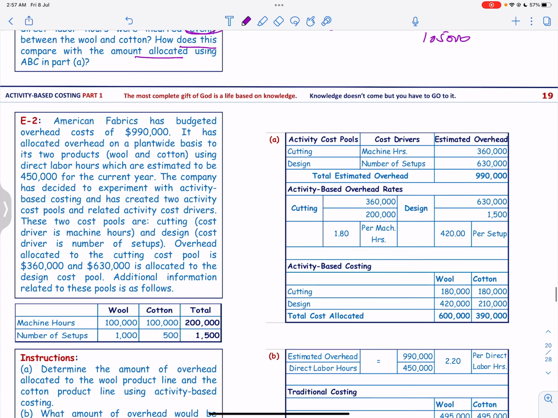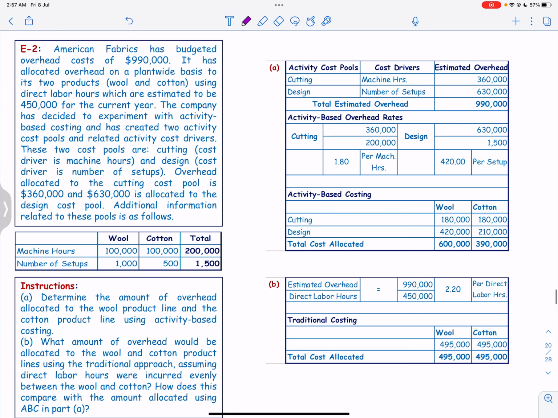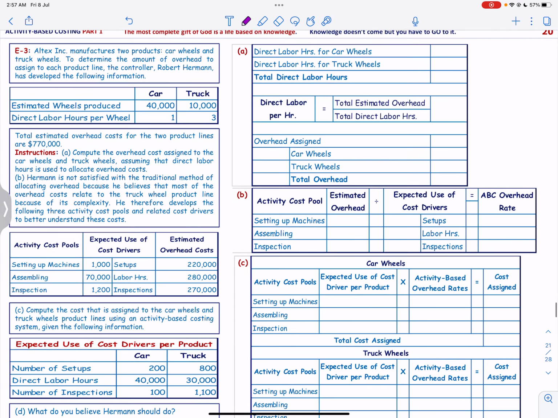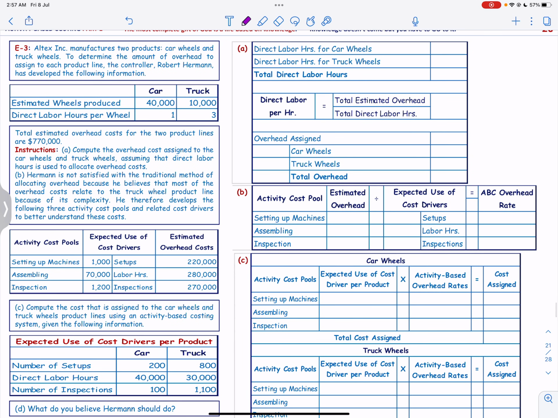Let us look into the same, which has been put in an Excel sheet for your convenience, and we move on to the next exercise. Here we have Altech Incorporation, which manufactures two products, car wheels and truck wheels. To determine the amount of overhead to assign to each product line, the controller Robert Herman has developed the following information.